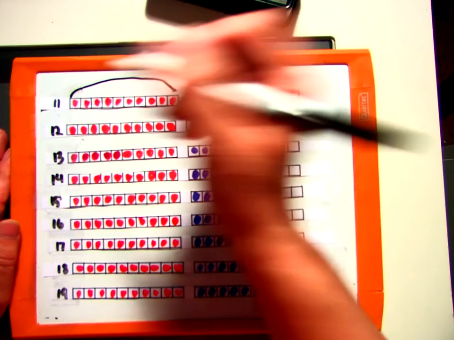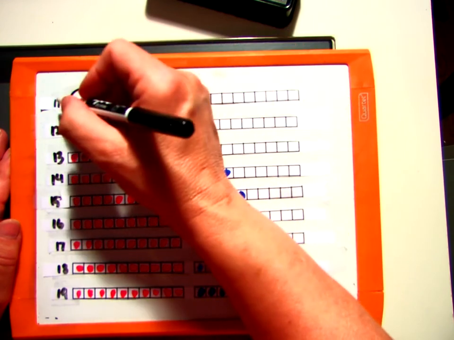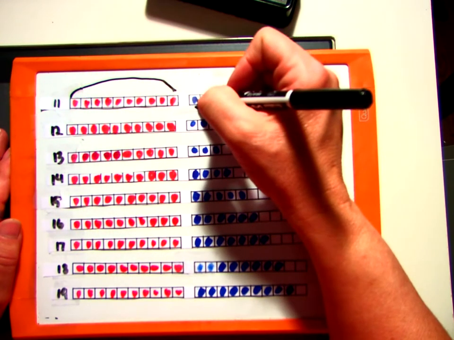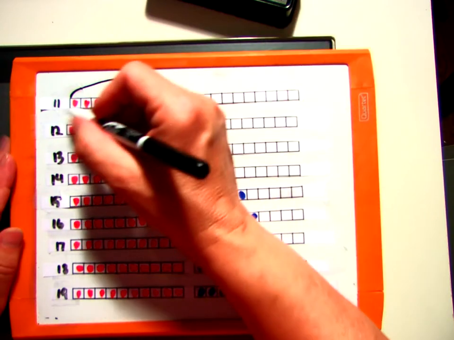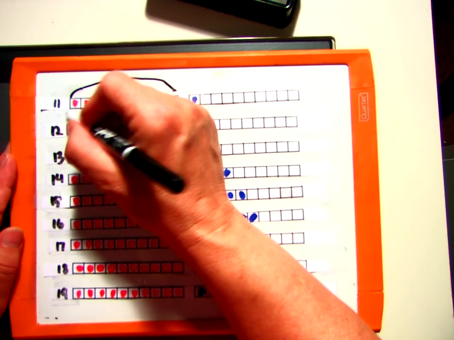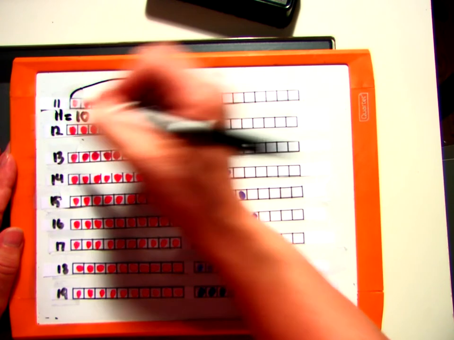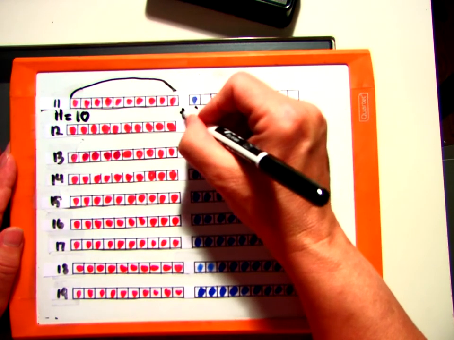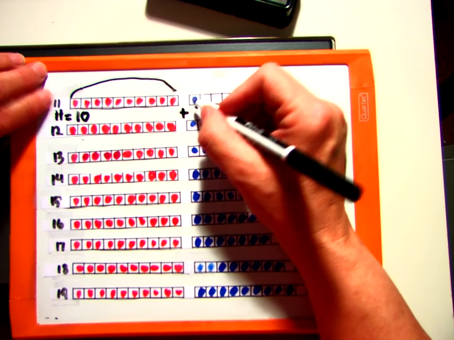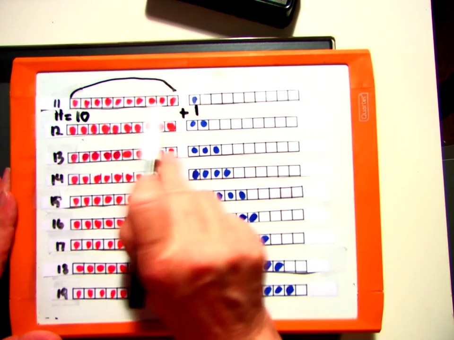So to make our equation out of 10 single ones plus an extra one, which makes 11, we can go 10. So first of all, 11 equals 10 plus how many single ones? Well, one single one. Let's count. 10, 11.